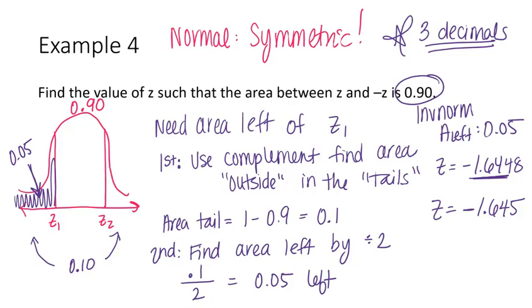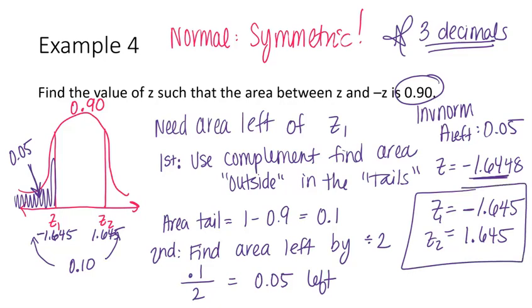Thanks to symmetry, if this one is negative 1.645, then this one is positive 1.645. So your two z-scores are the positive and negative version of your result. That one was kind of a lot.